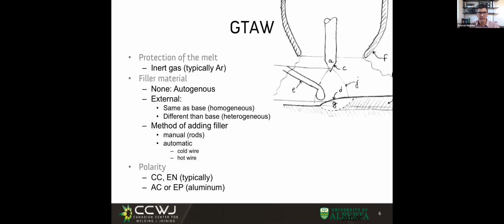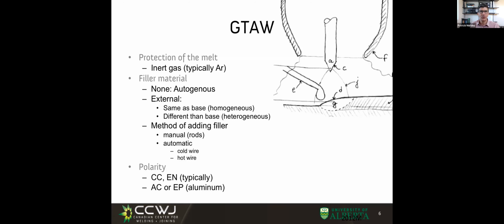And in some cases, we might use the electrode as positive, as the electrode would be an anode, right? That's not very common, but it is often used in aluminum because aluminum has this hard oxide layer. When we think aluminum doesn't rust, it's not true.